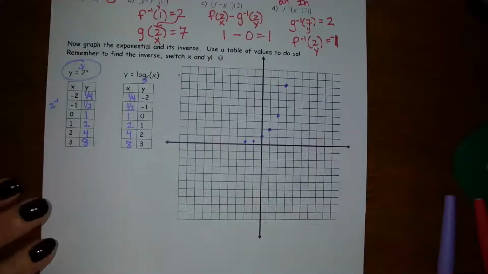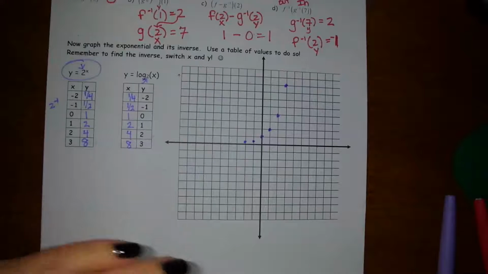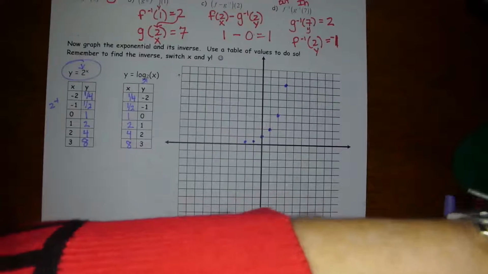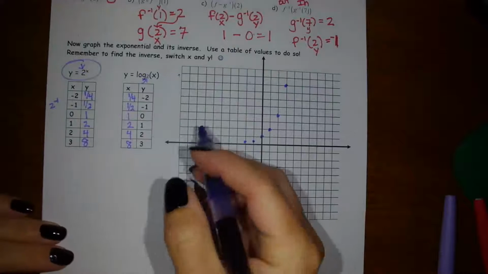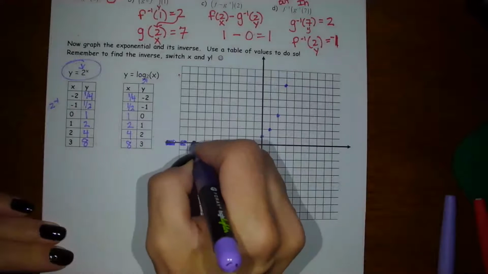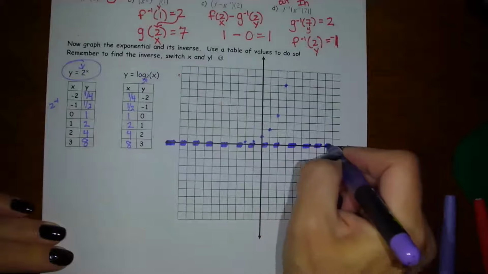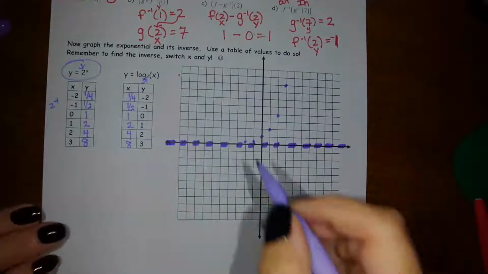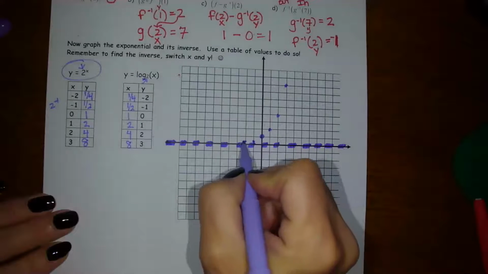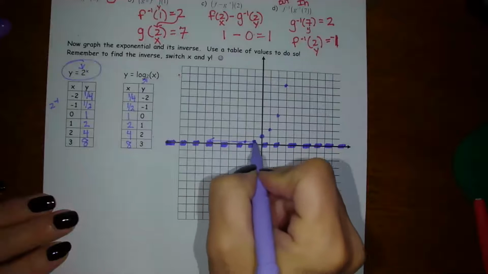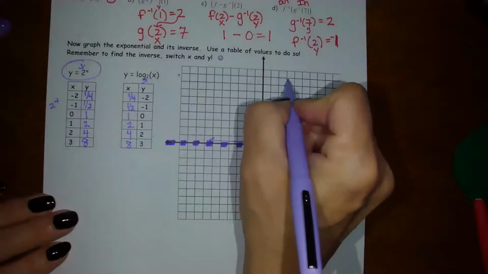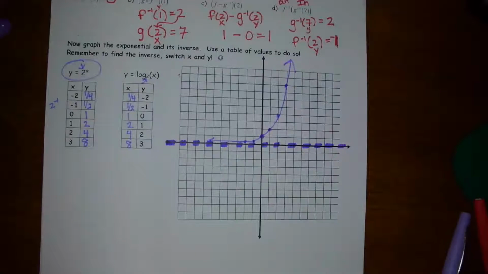And you guys know that logs have an asymptote and exponentials have an asymptote. So for the exponential, it's right underneath this special point. So there's your exponential graph.